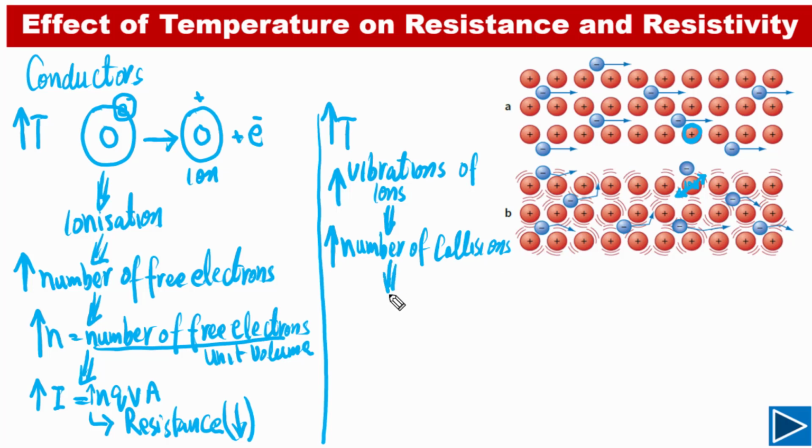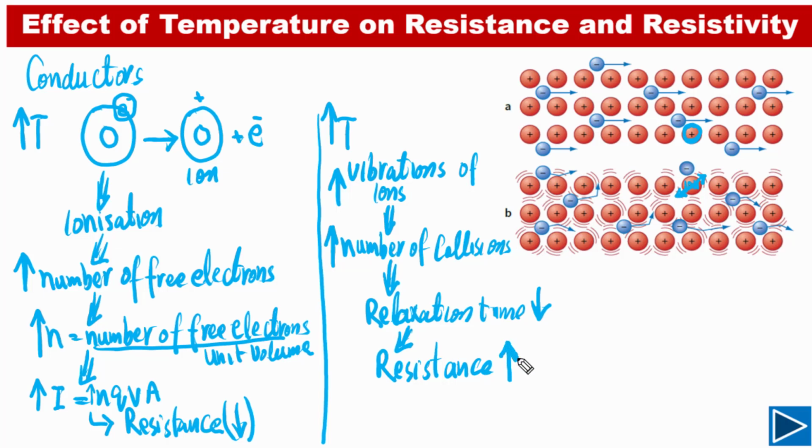If the number of collisions increases, the relaxation time, which is the time when the electron is not colliding with the ions, will decrease. So we can say relaxation time decreases, or simply that resistance increases.